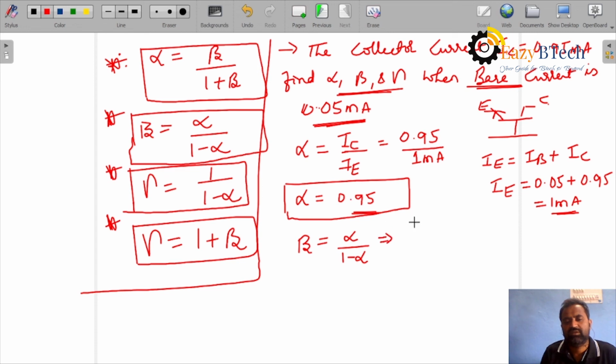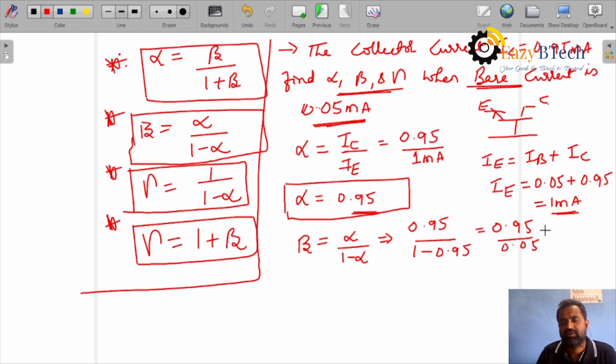Now alpha is 0.95, 1 minus 0.95 is 0.05, so 0.95 by 0.05, which is 95 by 5. 5 1s are 5, 5 9s are 45, you will get the beta value as 19.